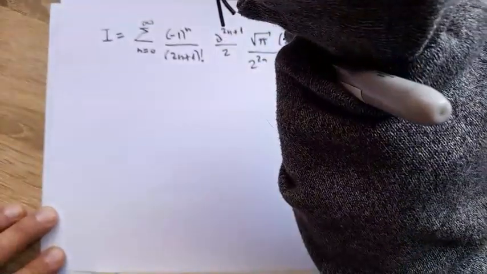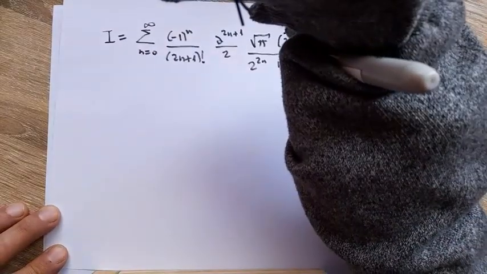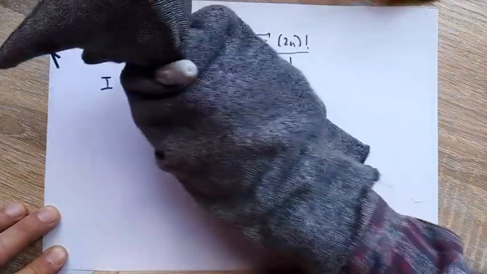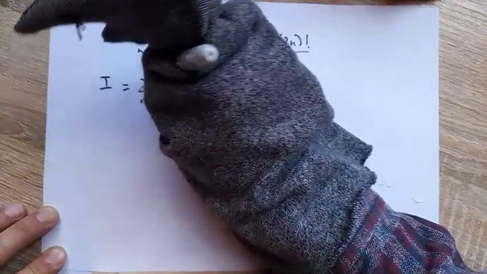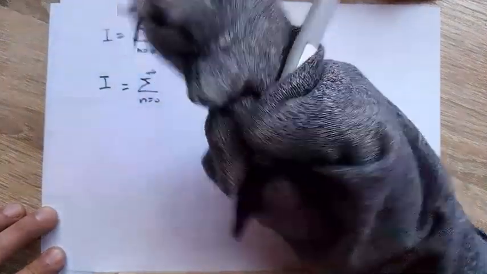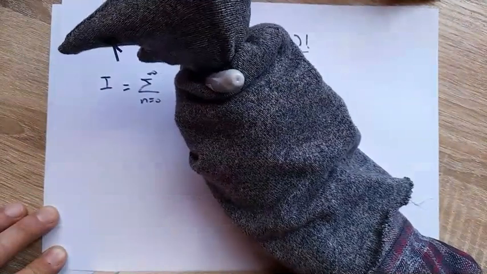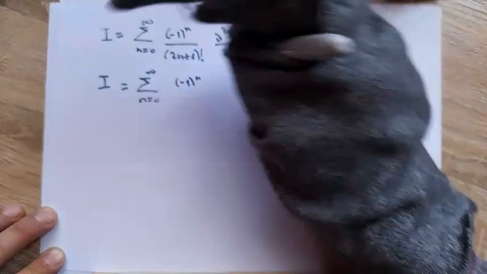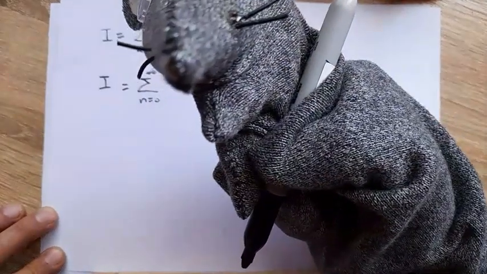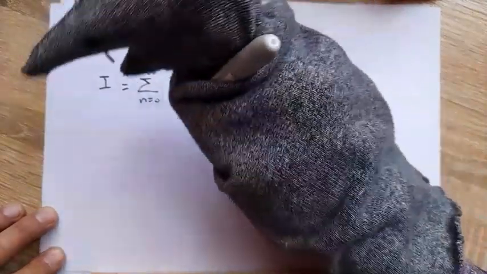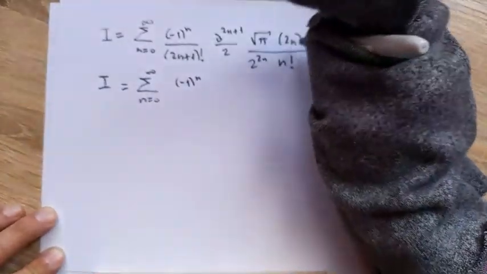So, this is the same, again, as the sum from n equals 0 to infinity of minus 1 to the n. Here, this term, the 2n plus 1 factorial, will get almost all terms cancelled except the 2n plus 1 with the 2n factorial.